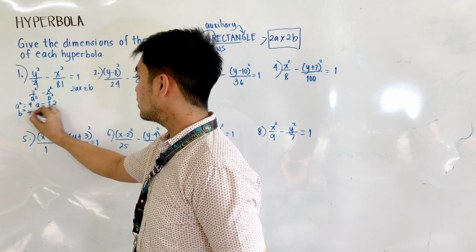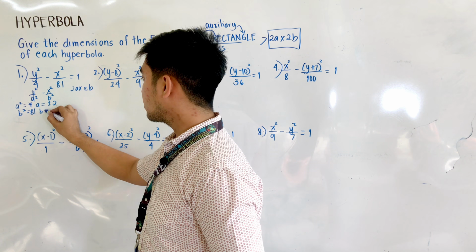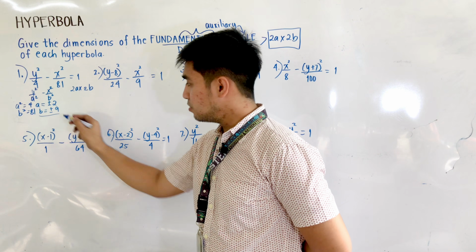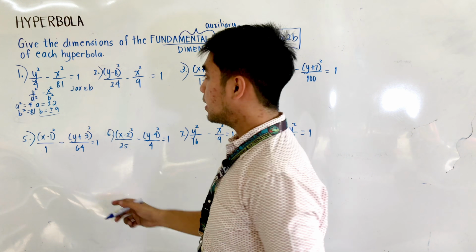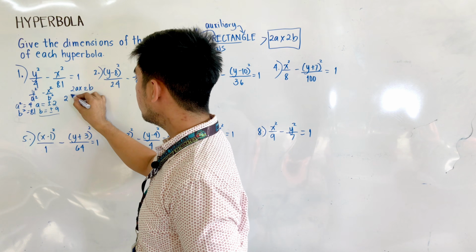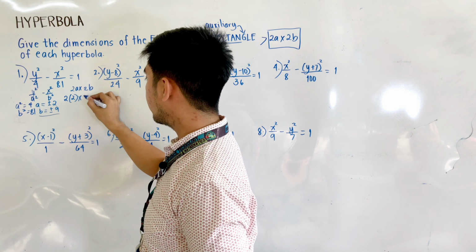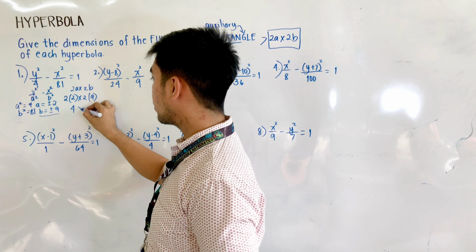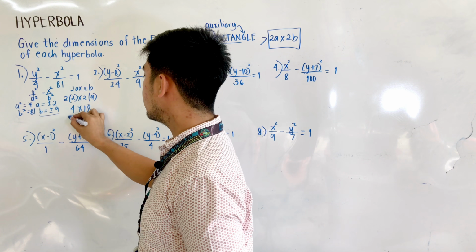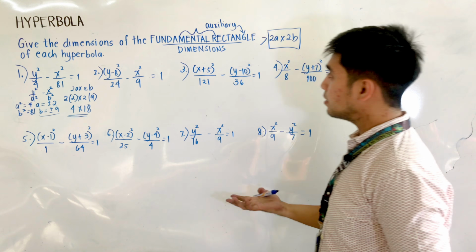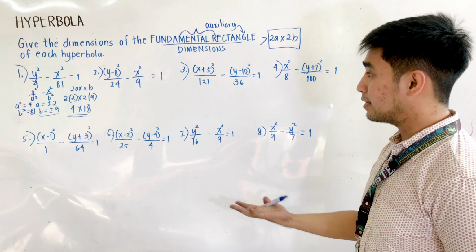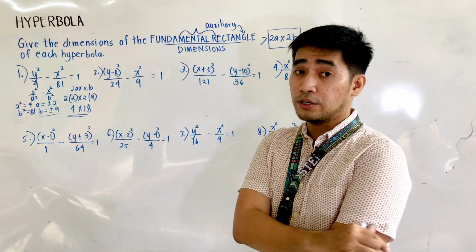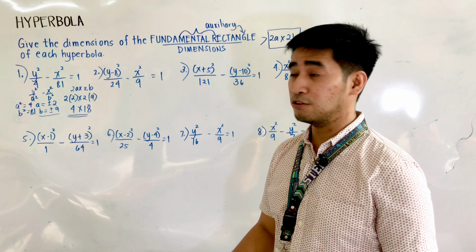And if b squared is equal to 81, our b is equal to plus minus 9. Substituting the values of a and b to the formula 2a by 2b, this becomes 2 times 2 by 2 times 9, and we'll now be having 4 by 18. This is the dimension of the auxiliary rectangle or the fundamental rectangle given the equation y squared over 4 minus x squared over 81 is equal to 1.